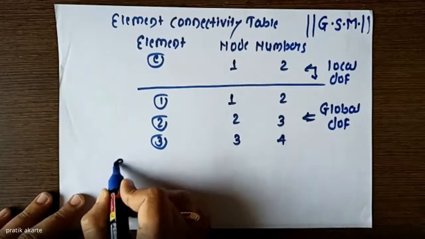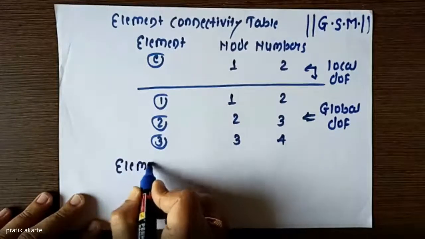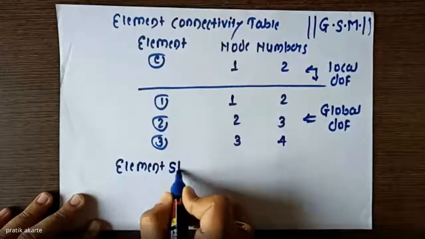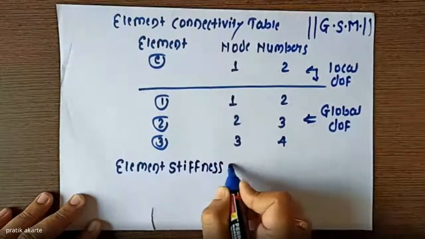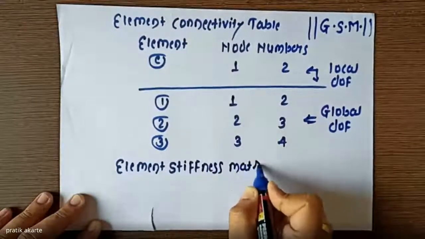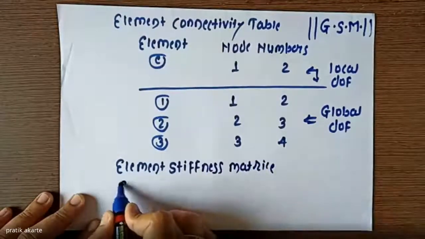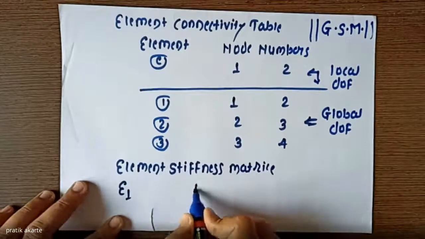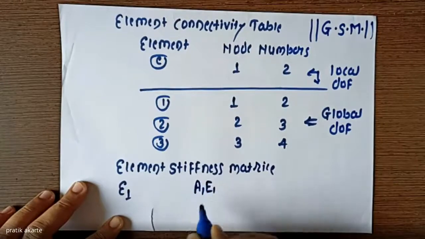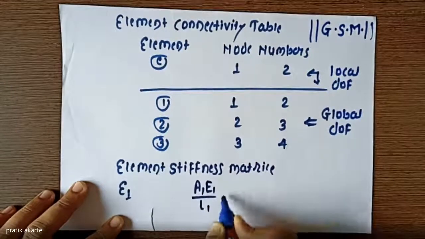Now the next step is to write the element stiffness matrices. So for element number 1, I can write A1 E1 upon L1.